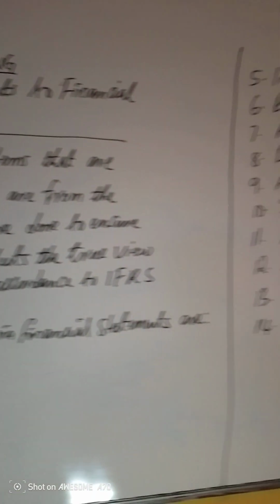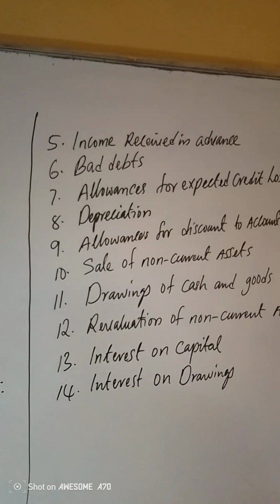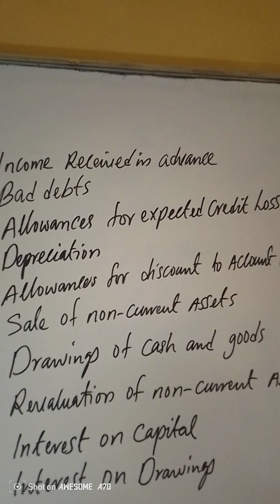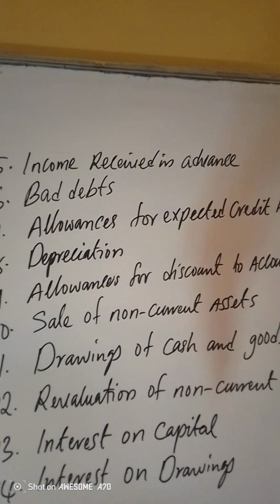The next, we have what is called income received in advance, which is the opposite of accrued income. This is income that the business will earn but receives in advance.